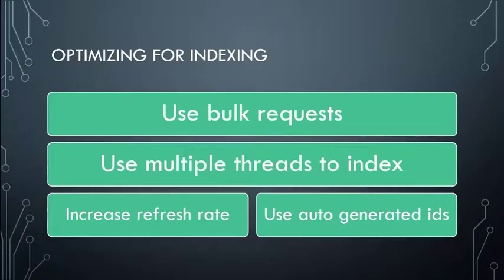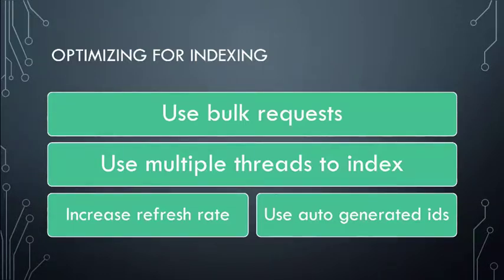On the other hand, if you get a lot of documents to index but not that many searches, you could optimize in different ways. You can use bulk requests rather than single document requests when indexing documents.